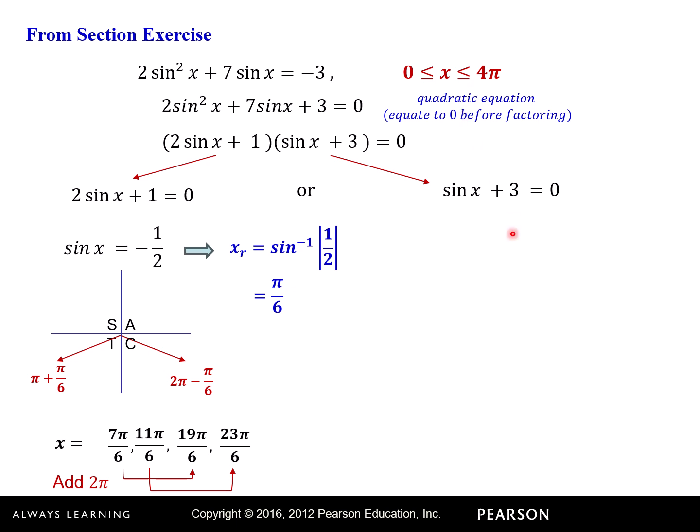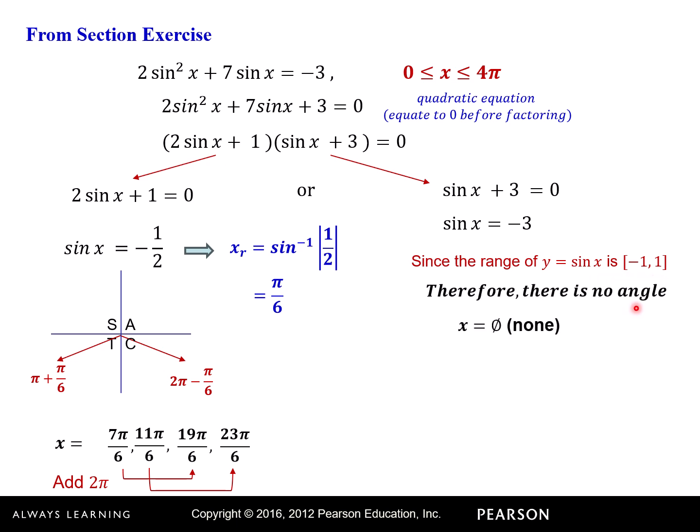So let's move on to the second equation. The second equation is sine x plus 3 is equal to 0. So we will isolate the sine x by moving 3 to the other side, and we will get sine x equal to negative 3. You can see here that sine x equals negative 3. We know that the range of the function sine x is from negative 1 to 1 only.